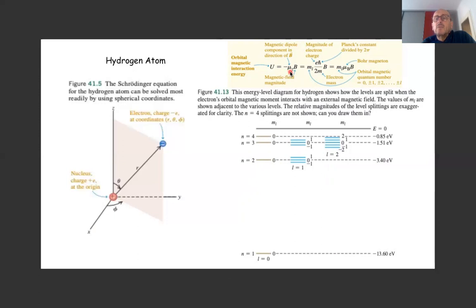It has to do with the angular momentum of the system, with the z component of the angular momentum. Where does the z component come in? m_l times h bar is the z component of the angular momentum, and e over 2m is sort of the constant from that.